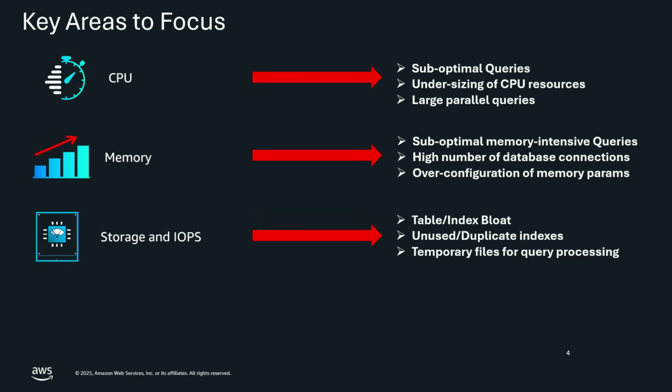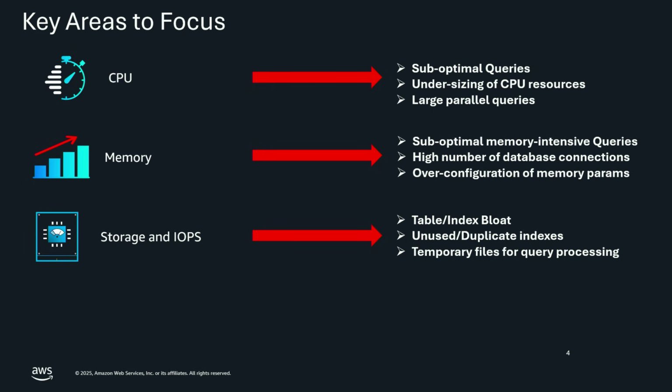Next thing to look at is storage and IOPS. So PostgreSQL uses multi-version concurrency control mechanism. So every modification to the database will have two versions of rows, old and new. The old version of rows is called bloat, which will be cleaned up by maintenance activities like vacuum. Otherwise, you'll see high storage and IOPS utilization.